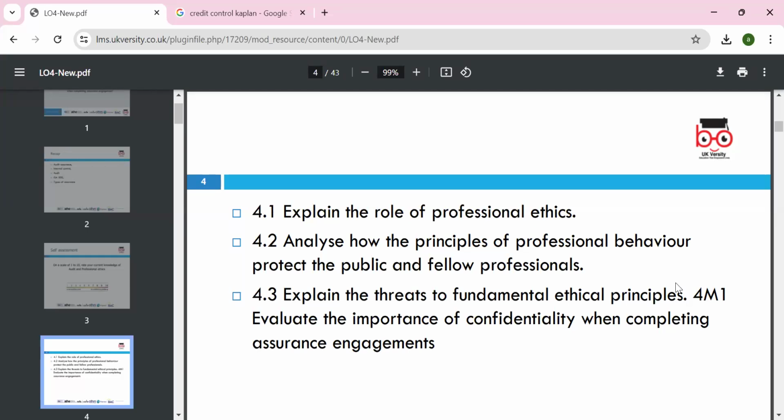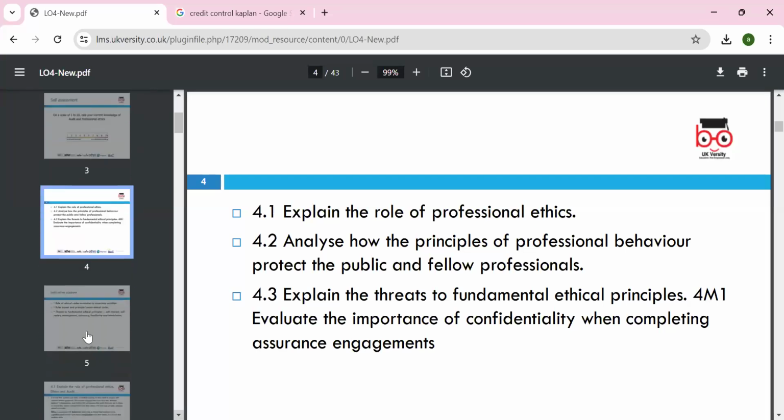So your internal control system needs to be in place. Confidentiality is very important. Of course, GDPR, the General Data Protection Regulation, covers client information, which we do not declare unless it is in the best interest of the public or there is a court order, and then we can declare it if somebody is involved in money laundering and so on. Otherwise we're not supposed to declare the information.